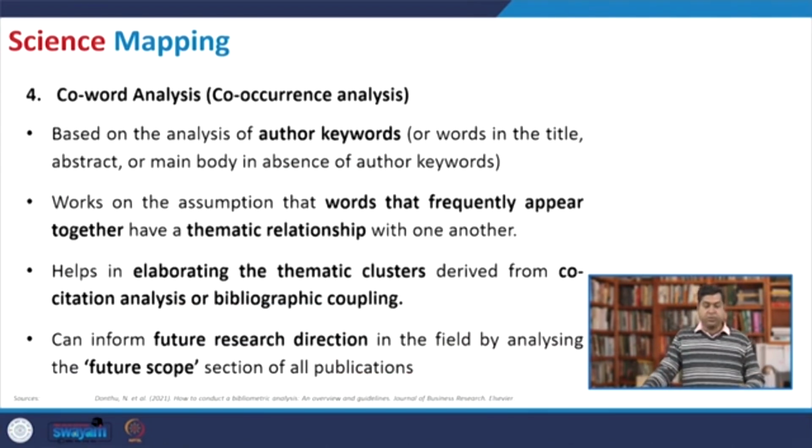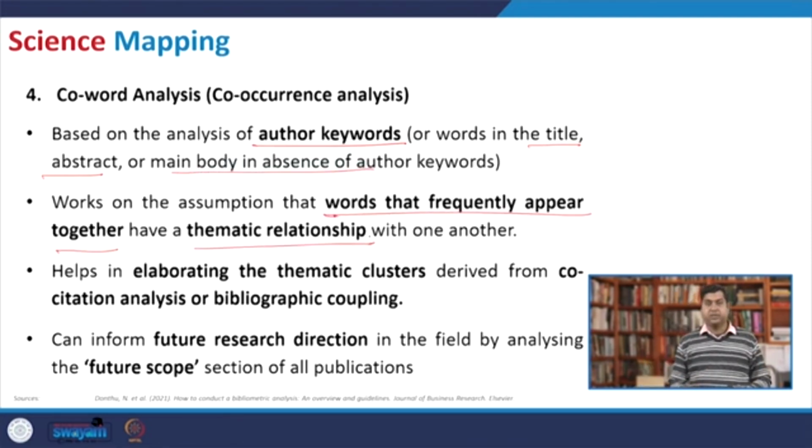Now, coming to co-word analysis or co-occurrence analysis, here we do the analysis based on the author's keywords, covering the wording in the title, abstract or main body. It works on the assumption that words that frequently appear together have a thematic relationship.